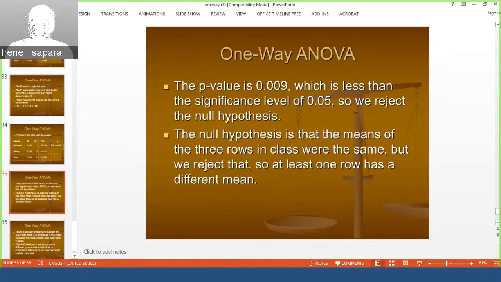Since this is smaller than 0.05, this means that the 0.009 is an area smaller than that on the right tail. And since this happens, of course, this means that the critical value, 5.9, falls in the rejection area. So what happens then? We reject the null hypothesis. So the way that we run the test is exactly the same as we have run every other test before that.